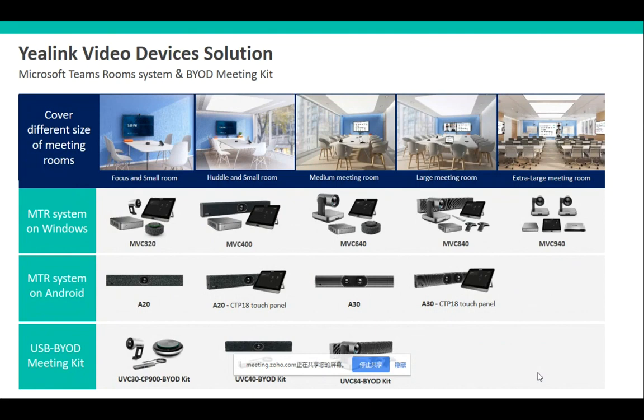And for the collaboration bar, Yealink just released it very recently, and this is very cost effective and very easy to deploy. Collaboration bar A20 and A30. And also we have the USB BYOD devices.